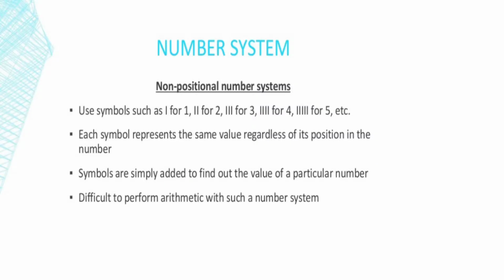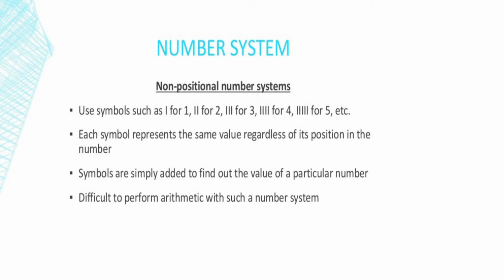To represent numbers, two number systems are used. One is called non-positional and the second is called positional number system. First let us talk about the non-positional number system. In this non-positional number system, as the name says, we are not bothered about the position at all. We are only going to use one symbol for representing each and every number.